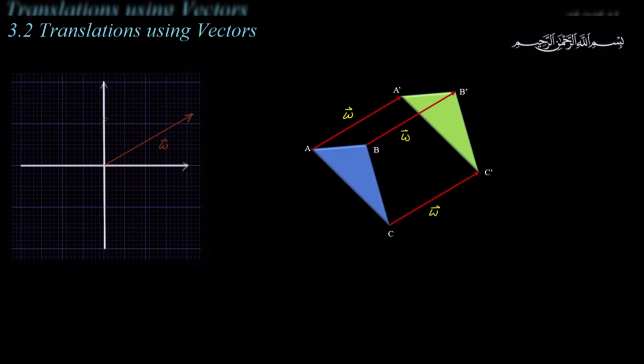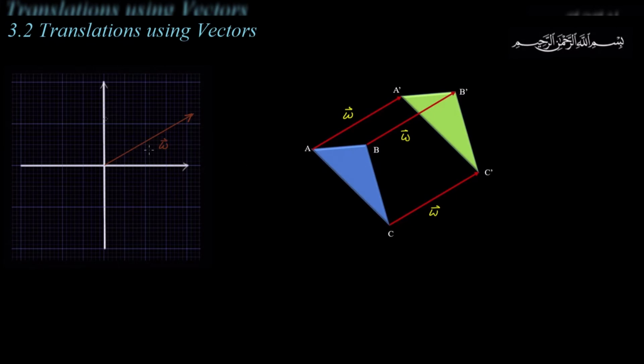Now notice this does not represent a ray in this particular case. In the Cartesian plane, vectors are drawn like this. That is, you're moving this point this particular distance. So don't confuse the end arrow with representing a ray. This does not represent a ray.